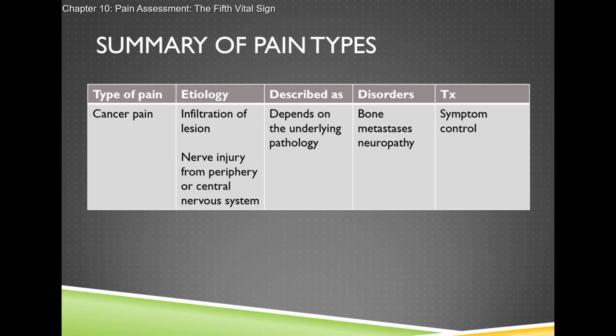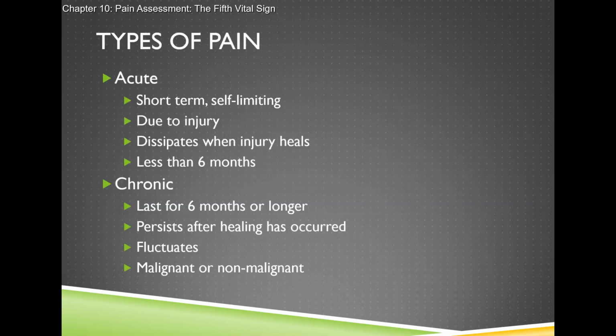It could be in the periphery or the central nervous system. So it could be considered neuropathic or nociceptive almost, and it includes disorders like bone metastasis and neuropathy. Basically, what you do with that type of pain is you just control the symptoms, because a lot of times there's not too much more that you can do about that.